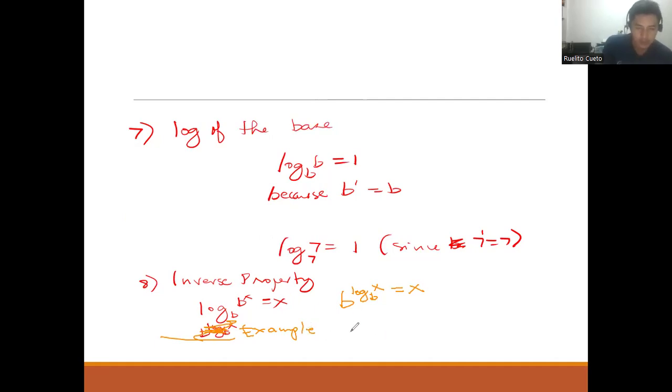Our example is log of, let's say, 3 raised to 4 with base 3, that is equal to 4. Another example, for the second one here, 3 raised to log of 81 to the base 3 is equal to 81. Okay? That is for the inverse properties.